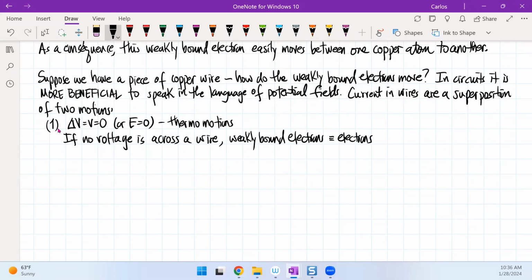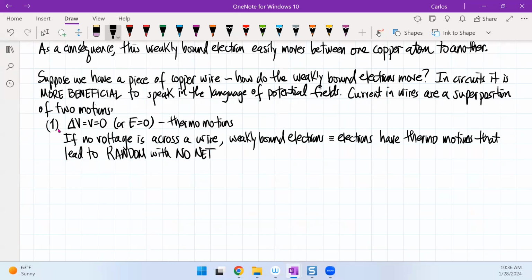So in other words, electrons have thermal motions that lead to random walks with no net displacements. On average, these random walks end up at the exact same spot.